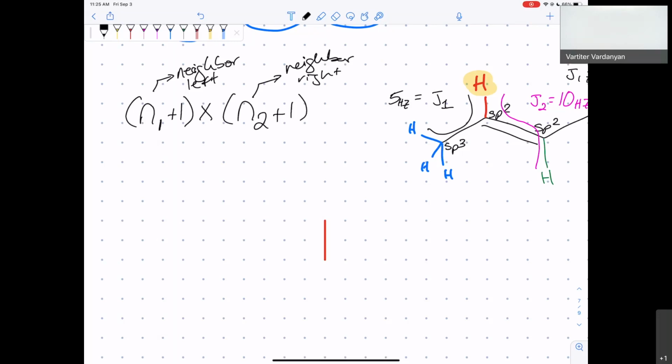This is complex splitting, so you cannot use N+1. This is not something you're going to get in your textbook. I just made it up because it makes life easier.